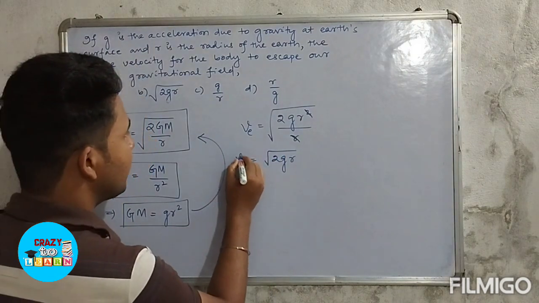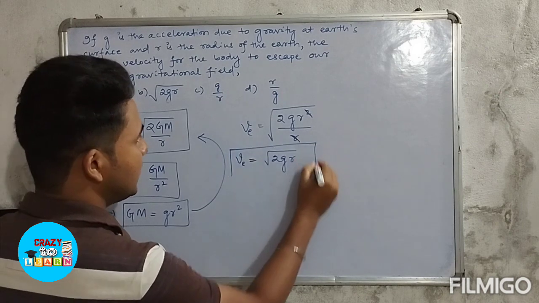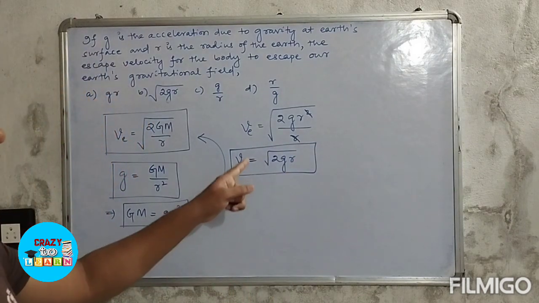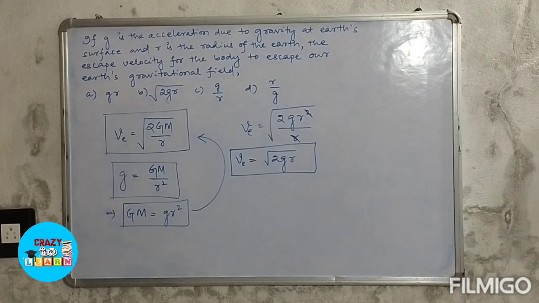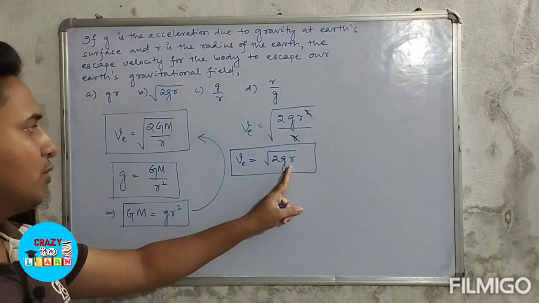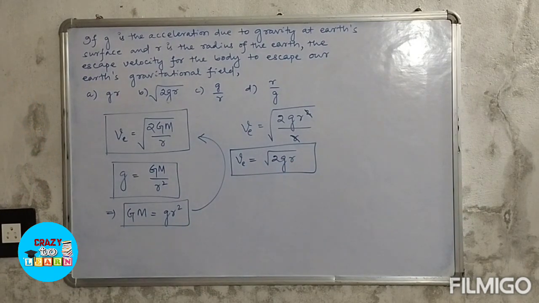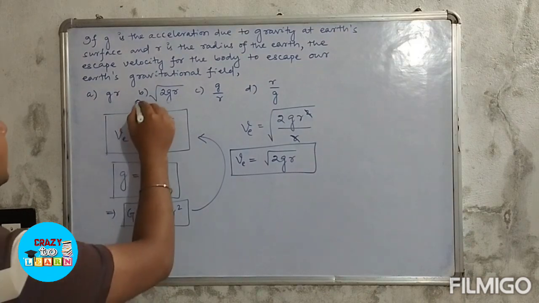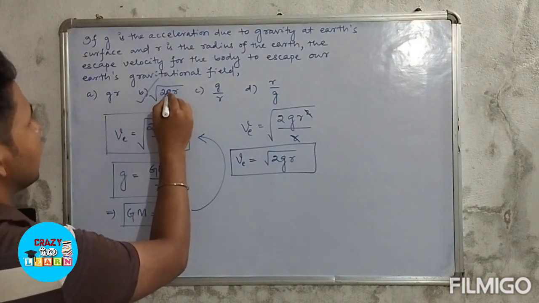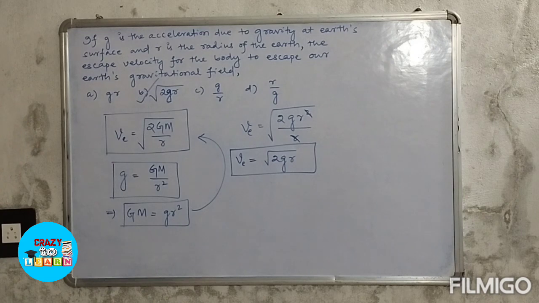So what is the escape velocity? The escape velocity is equal to square root of 2gr, where g is the acceleration due to gravity, r is the radius of the planet. So which is the correct answer? Option B is the correct answer. The answer is square root of 2gr. Clear?